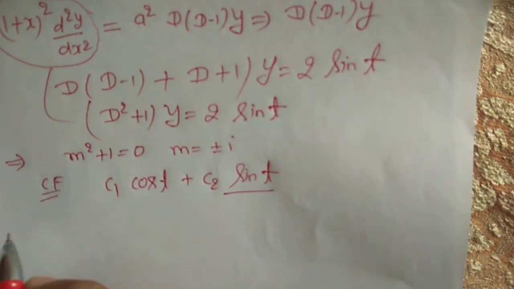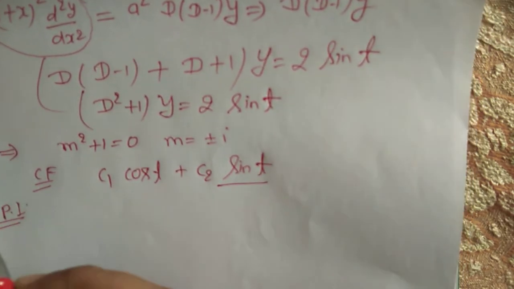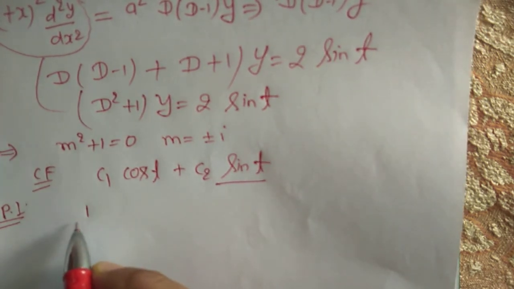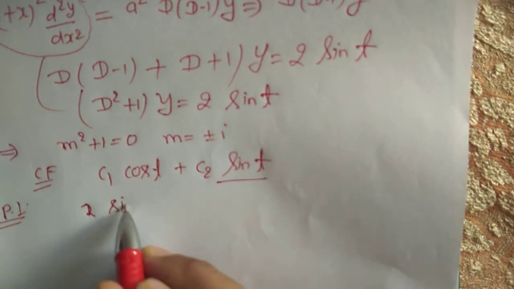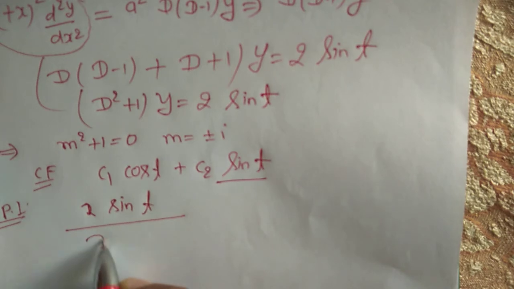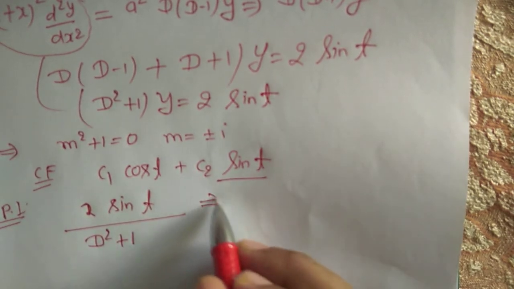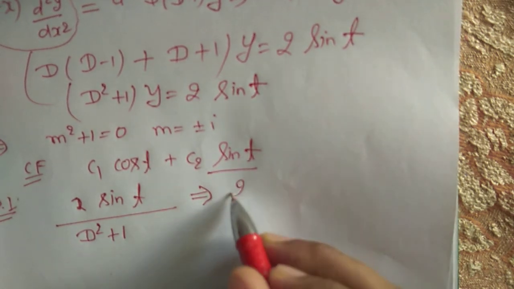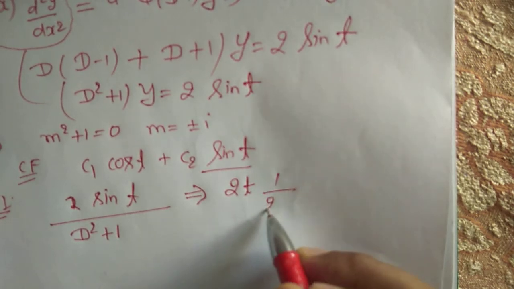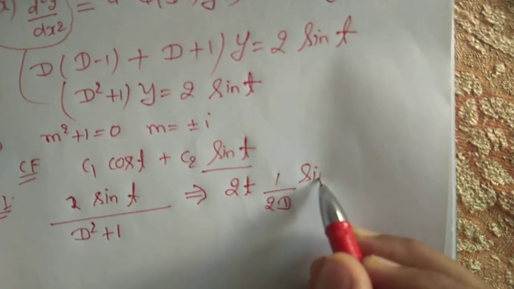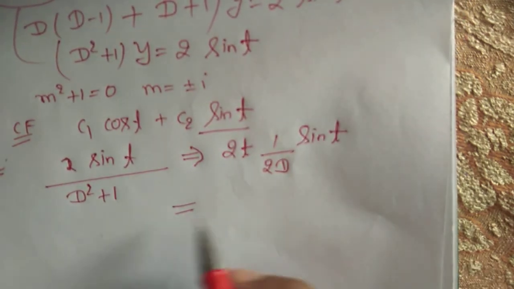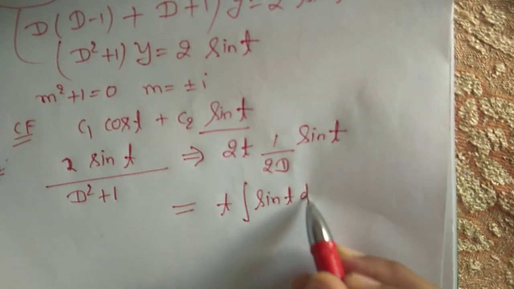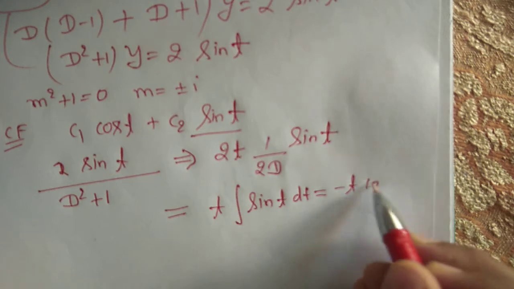Now for the particular integral we can use the inverse operator method. That will be 1 upon D square plus 1 acting on 2 sin t. Here D square replaced by minus 1 gives 0, so we use the special formula: t times 1 upon 2D of 2 sin t, which is integral of sin t dt, so this will be minus t cos t.